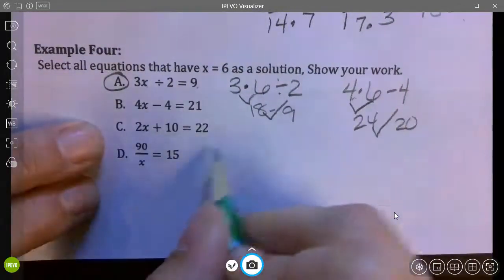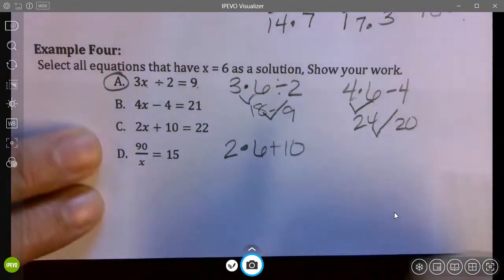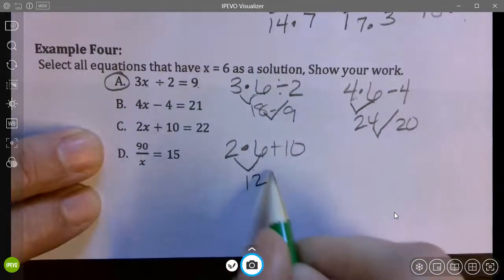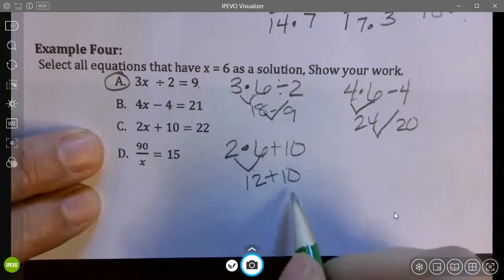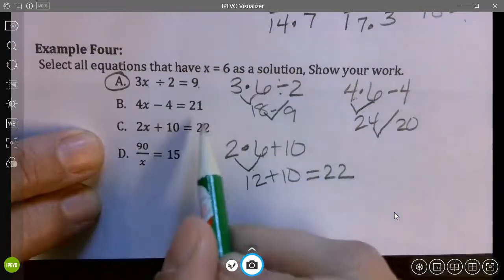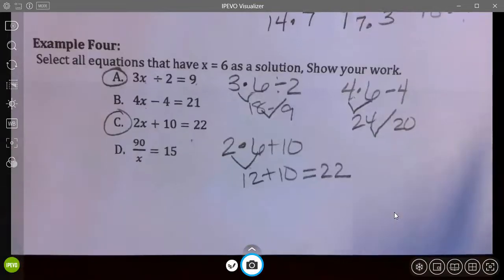Go down to C. 2 times 6 plus 10, following my order of operations. 2 times 6 is 12, plus 10 is going to equal 22. And what was I looking for? I was looking for 22. So that is definitely a solution.